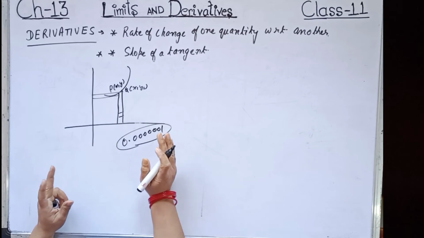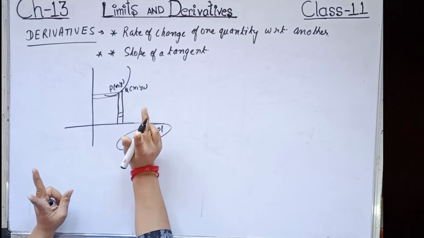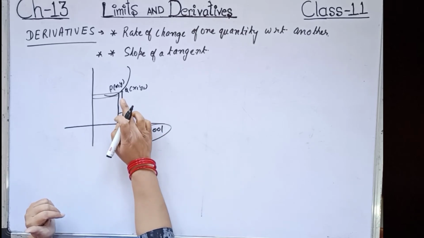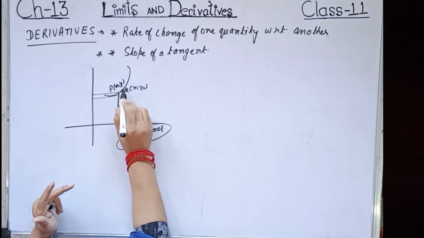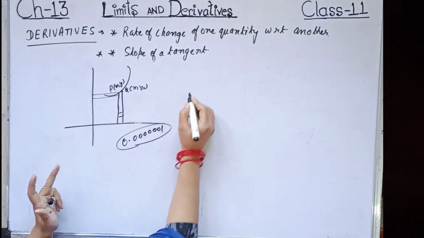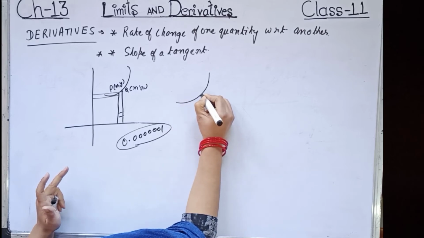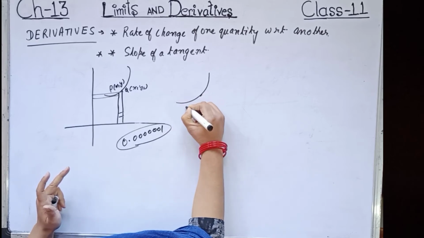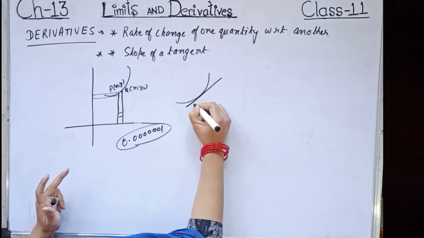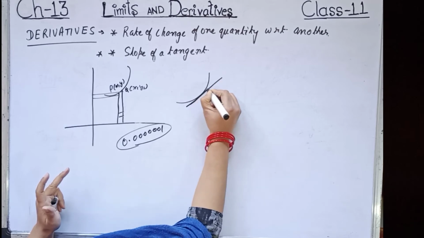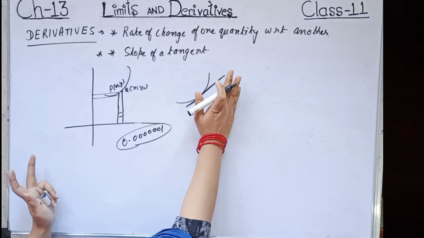I think now you got the point. We have got 2 points, and now we can get the slope of this tangent because these 2 points are so close to each other. Over here you can see these points are so close that if we draw tangents at these 2 points, they will almost coincide with each other.